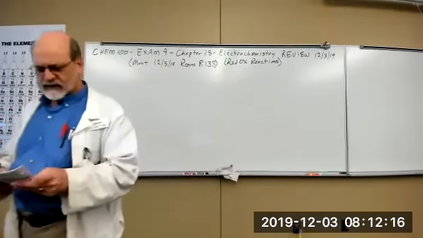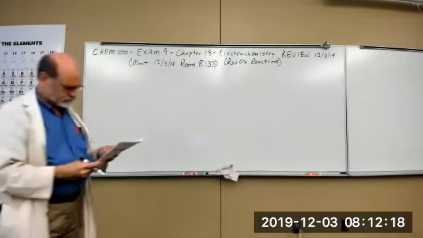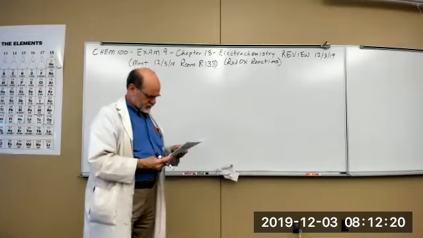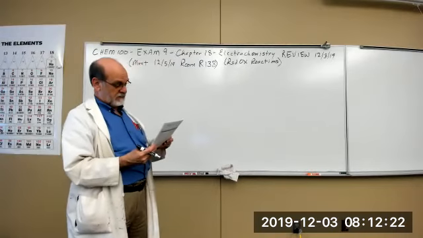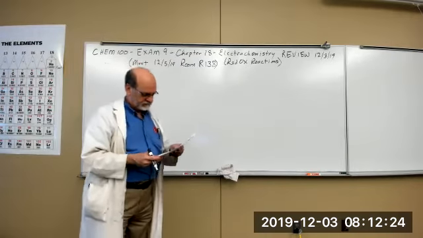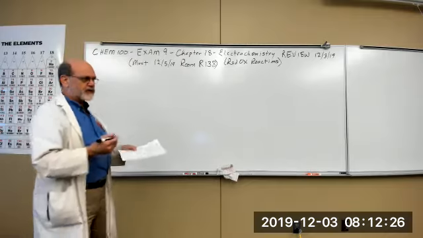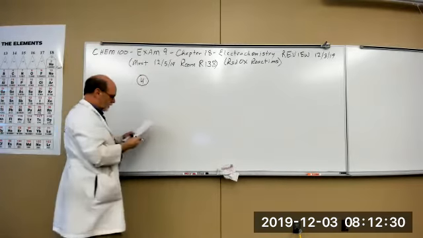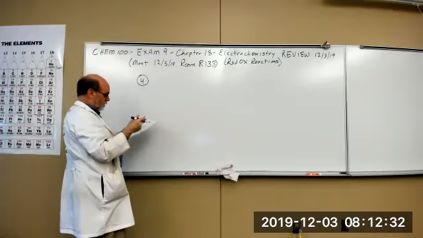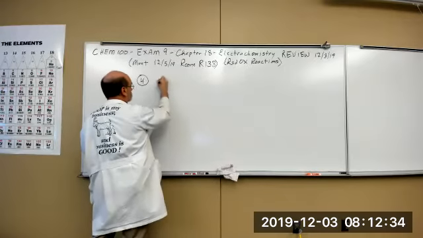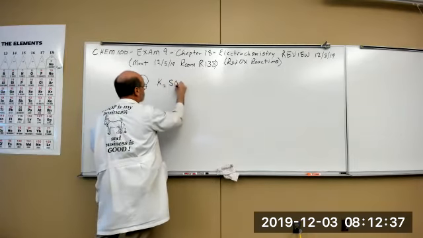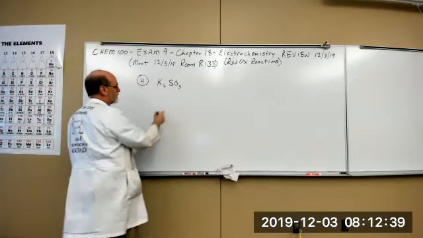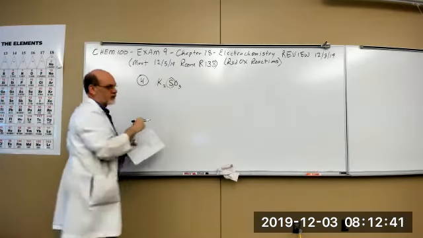Okay, so we got the basics out of the way. Let's see, 2, 3, 4. So calculating oxidation states is essential. So we need to figure out, for 4, what's the oxidation state of sulfur in this compound, right? So we're looking for the oxidation state of sulfur.